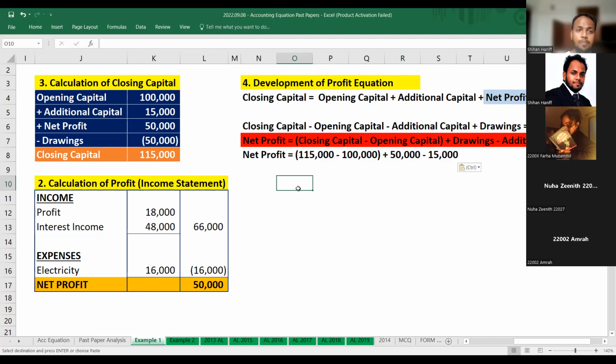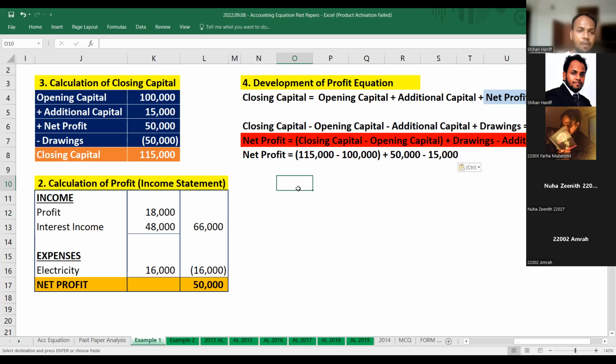The reason is, in a business, there will be thousands of sales and expenses. But identifying the closing capital and opening capital is easy. And the drawings and additional capital are only a few transactions. So at any point, we can easily calculate the net profit using this method.